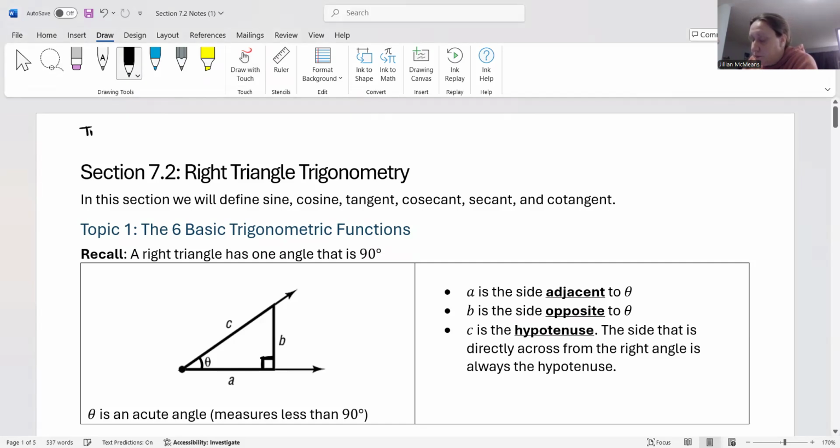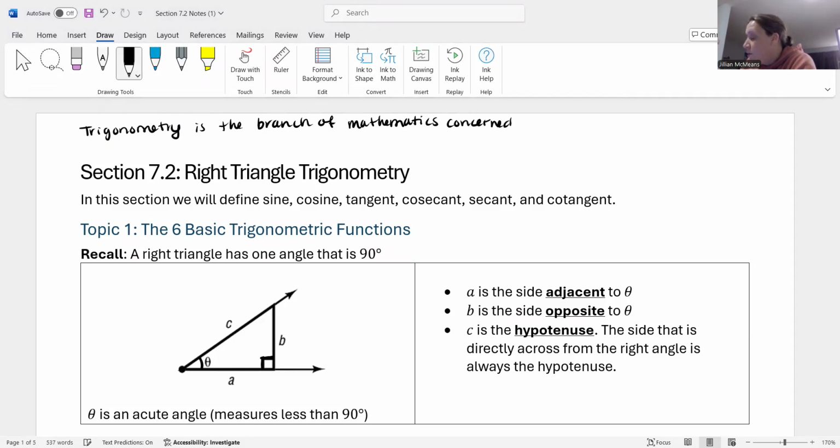Trigonometry is the branch of mathematics concerned with how angles relate to sides of triangles. Now, that's not verbatim, but that's some kind of general definition that you would get when you're looking up a definition of trigonometry.